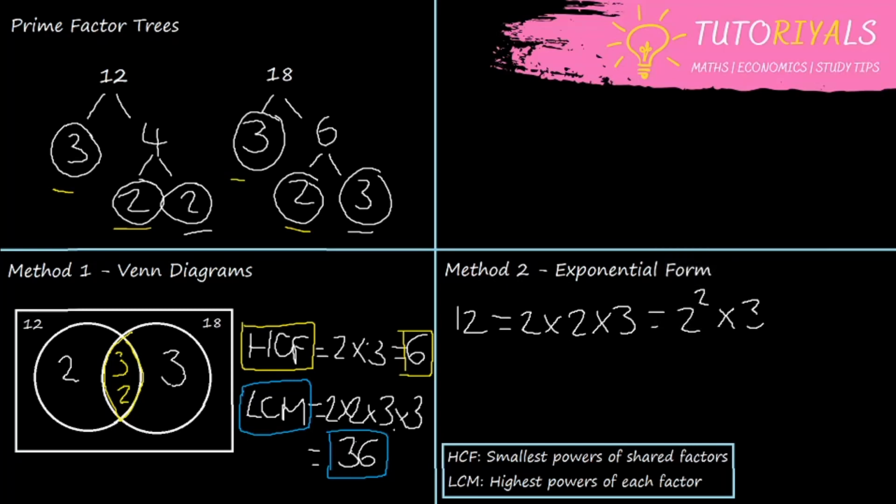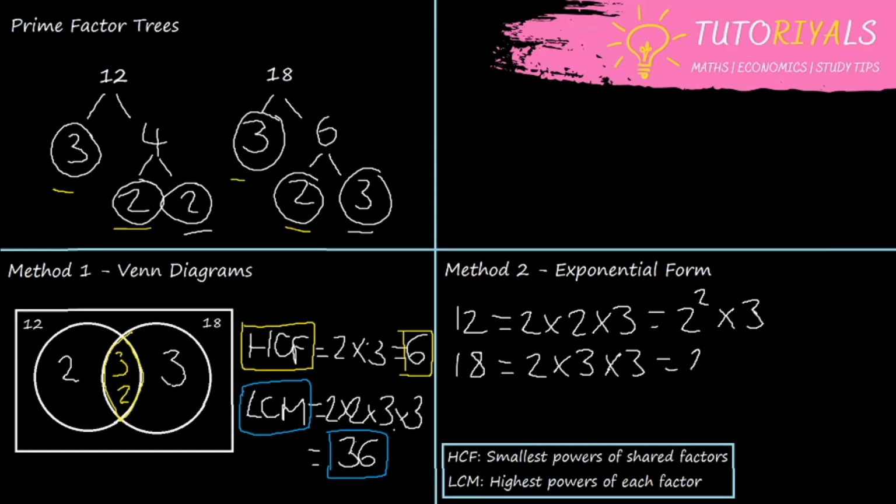Similarly, if we look to the prime factor tree for 18, we can write 18 as 2 times 3 times 3. In exponential form, this would be 2 times 3 squared.